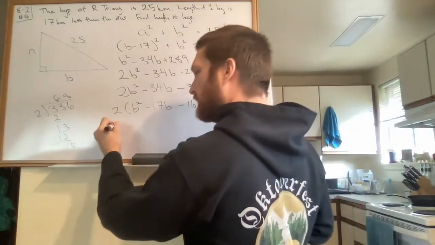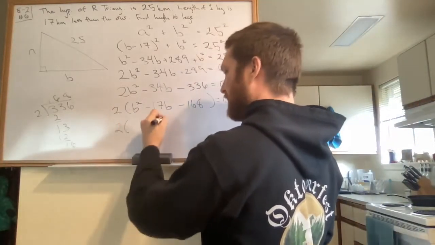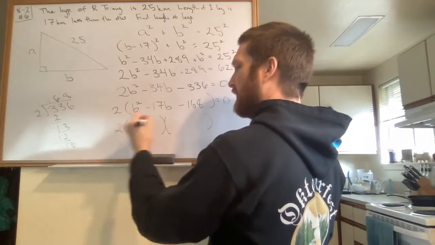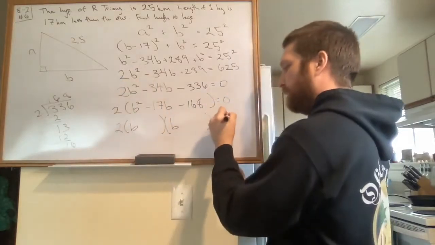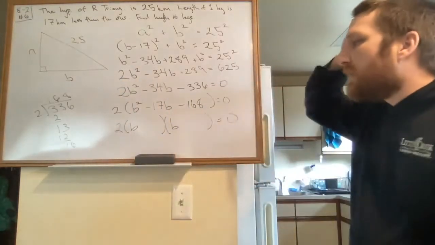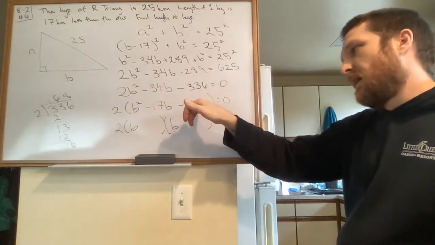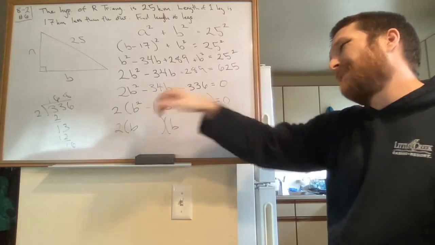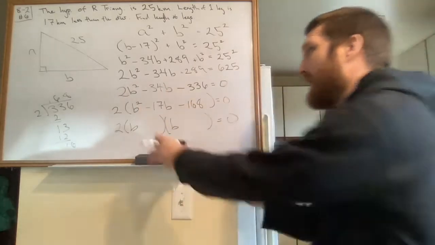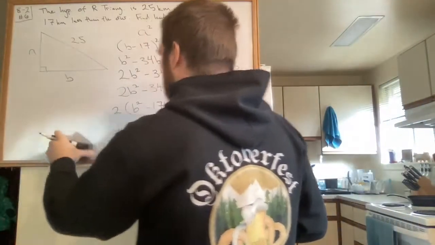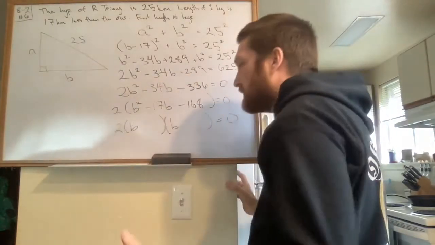If it does, it will look like this. It'll have a b right here and a b right there. So now I just need to figure out, okay, what times what is 168, that gives me minus 17 when I add or subtract them from each other. So let's factor out 168.